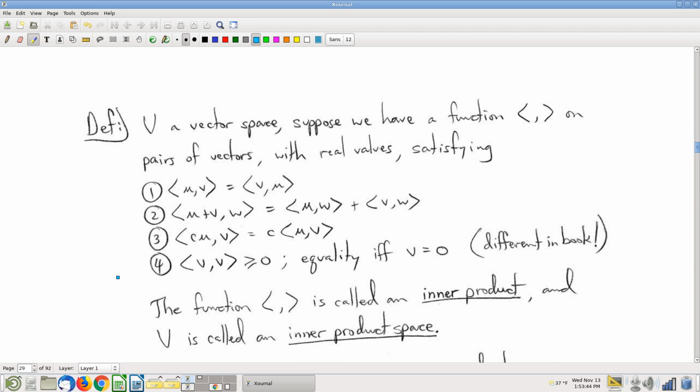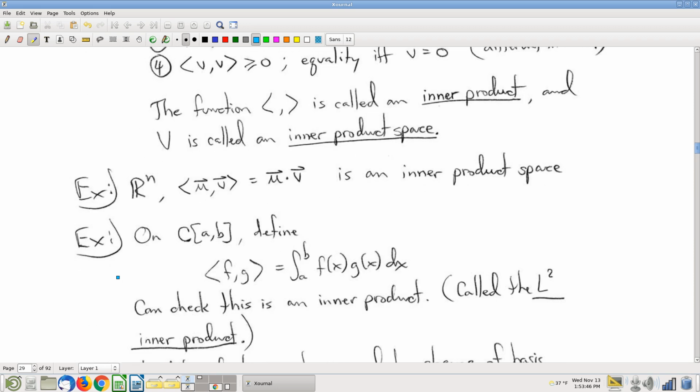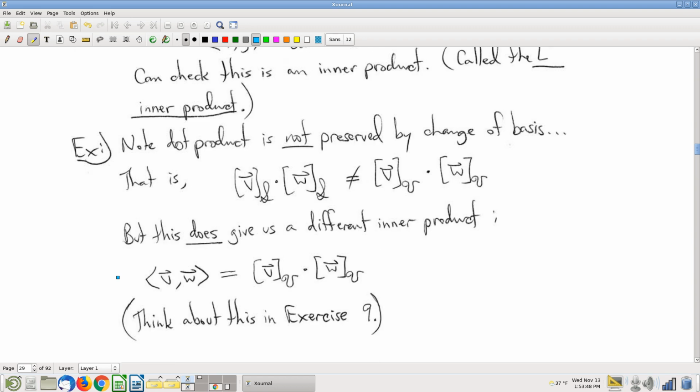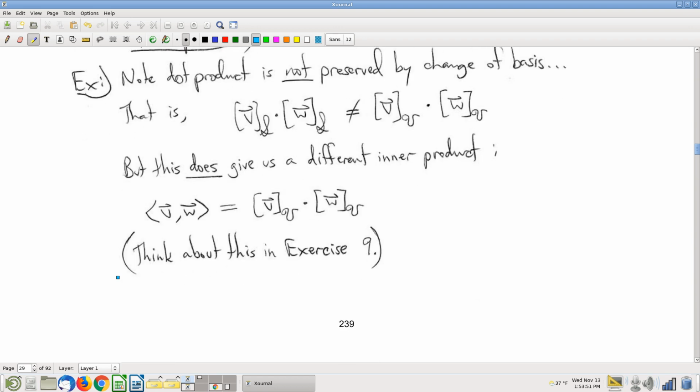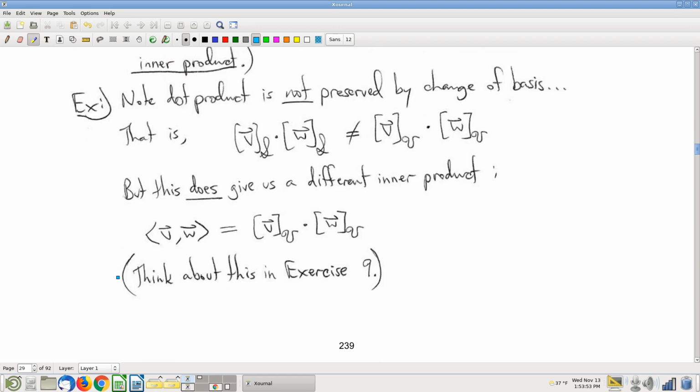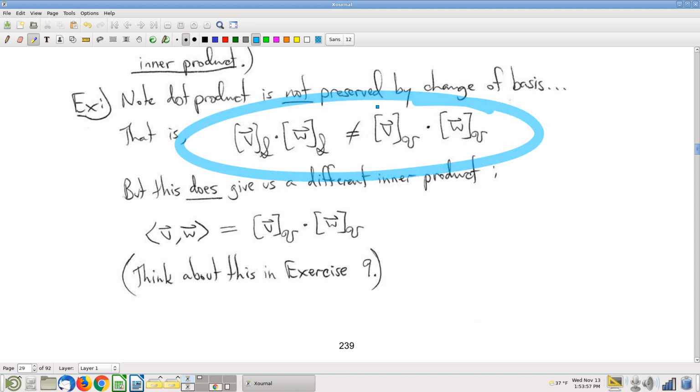All right. Let's see here. Moving along. So here's another one. Here's an easy fact to demonstrate. The way I say this in language is dot products are not preserved by change of basis. I think this is pretty believable.